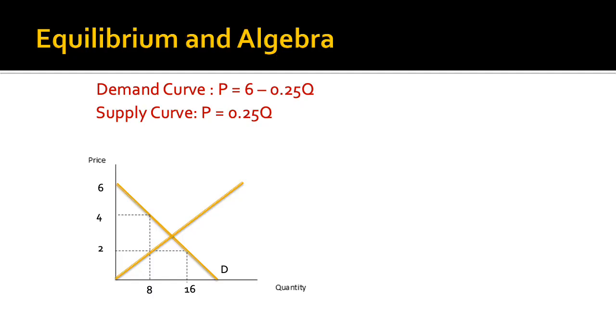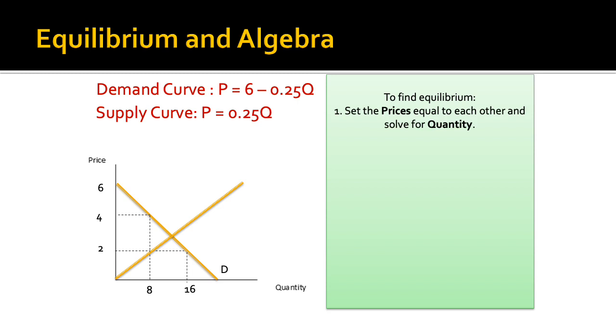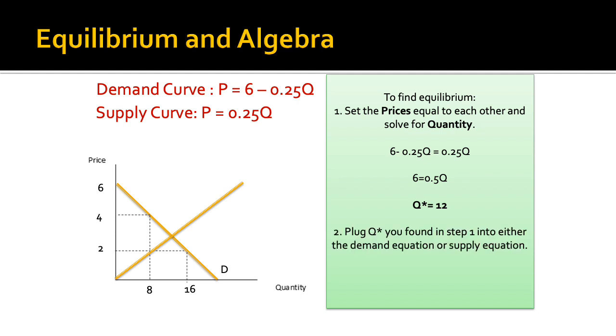Okay, so similar to the example we did before when we looked at the demand curve and supply curve separately, here let's use that same approach and solve for equilibrium. Remember to set the prices equal to each other. So to find equilibrium, set the prices equal to each other and solve for quantity. You can actually solve for either one. It doesn't really make a difference. In this case, we find that the equilibrium price is 12.